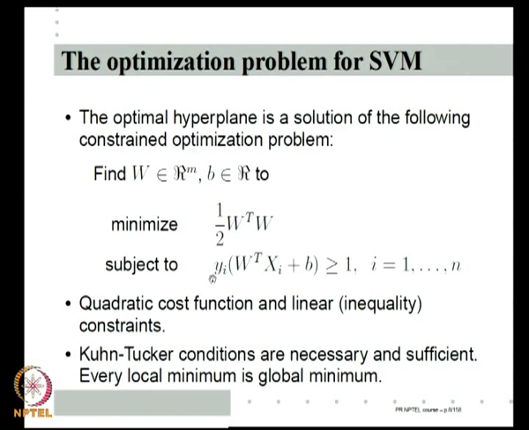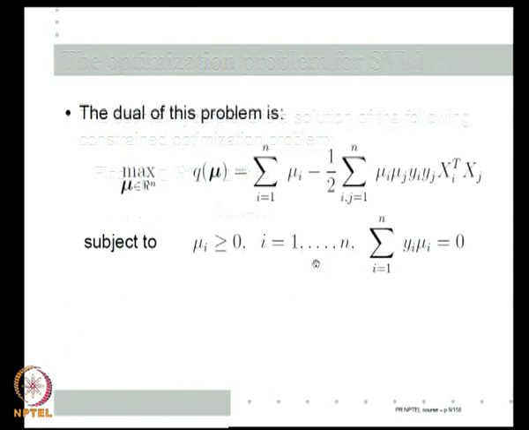Dual will be on the Lagrange multipliers. There are n inequality constraints, so there will be n Lagrange multipliers, call them mu 1, mu 2, mu n. Then the dual maximizes this function of mu, right. We derived the dual last class, subject to these constraints. Okay. I will not go into the derivation, but this we derived last class.